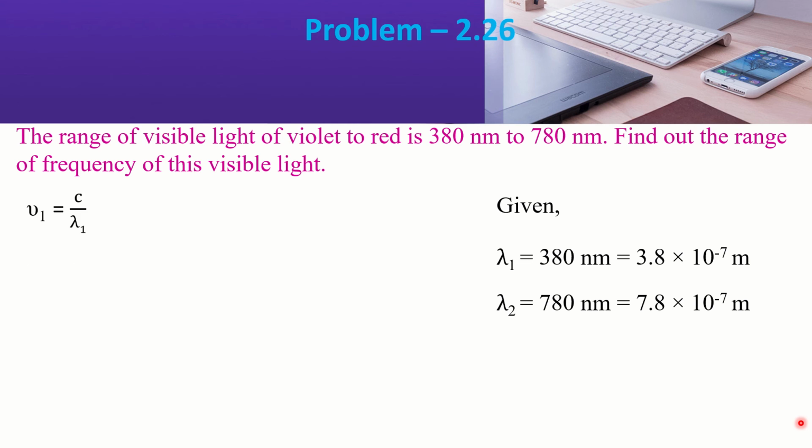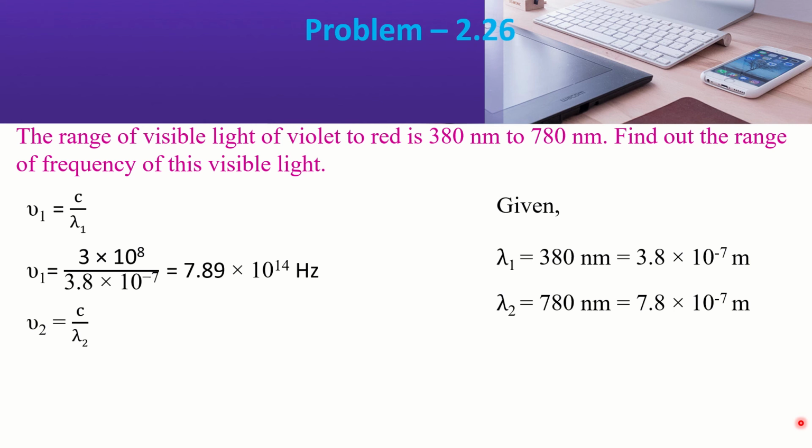Now you have to find out two frequencies. At first nu 1 equal c by lambda 1, and it comes 7.89 into 10 to the power 14 hertz. And another frequency for red light, that means the wavelength is 780 nanometer, nu 2 equal c by lambda 2, and it comes 3.84 into 10 to the power 14 hertz.